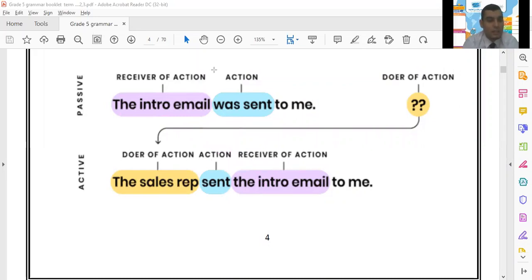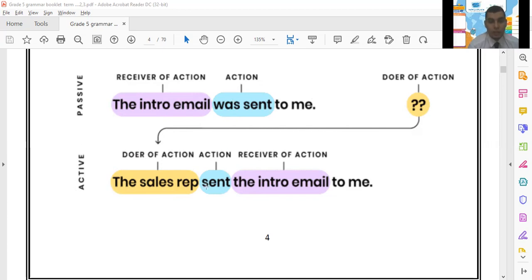The sales rep is the subject, right? In the active voice, the sales rep is the subject.